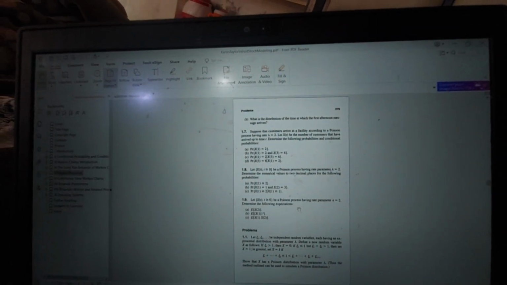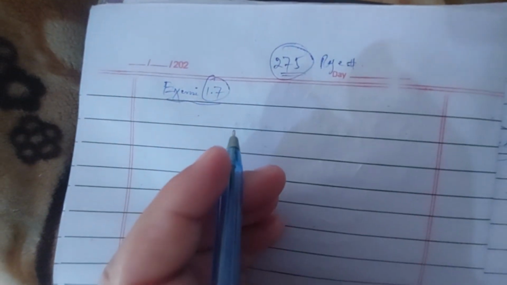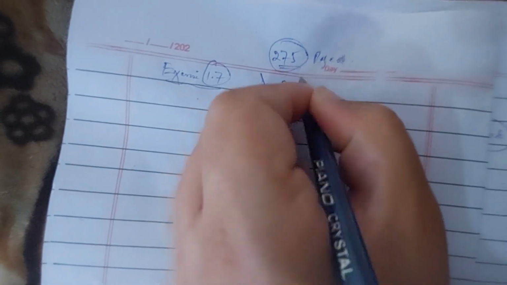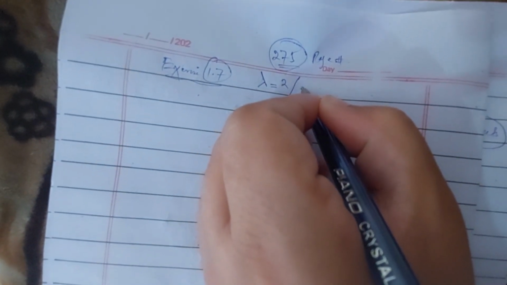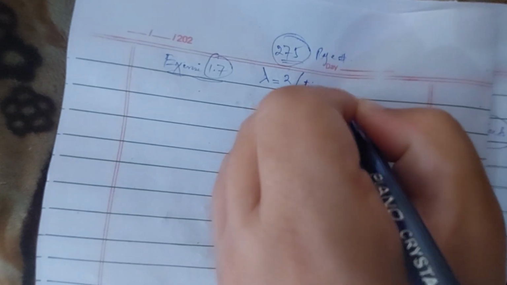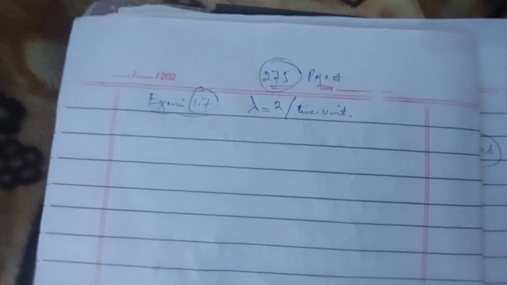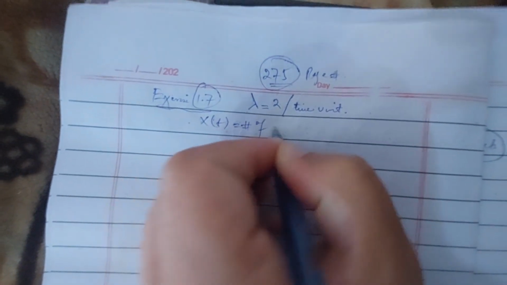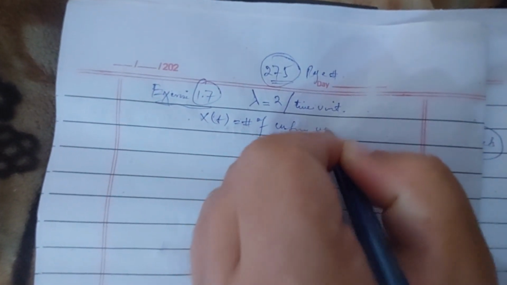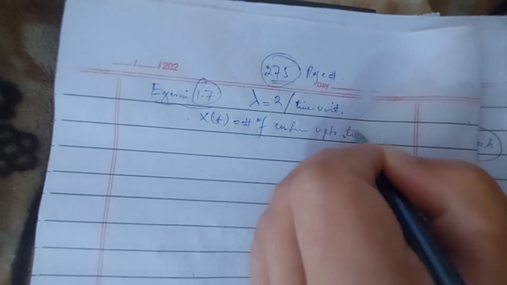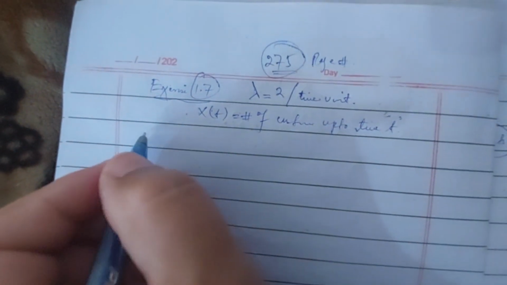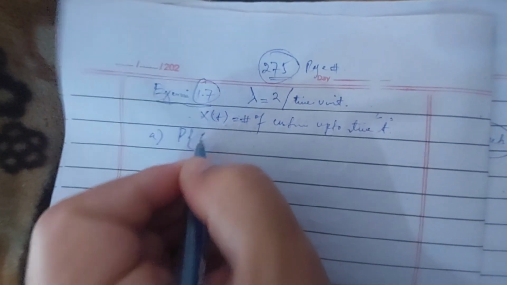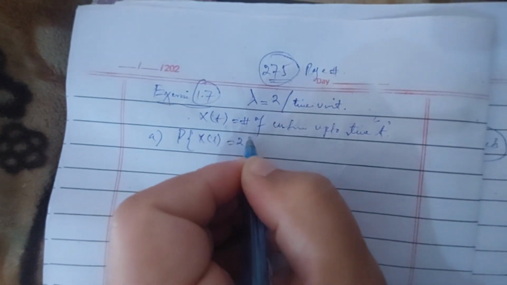So let's start. In this question, we are given only the rate, that is 2 per time unit. And we know that X(t) is the number of customers up to time t. So the first thing is to find the probability that in the first hour we have 2 customers.